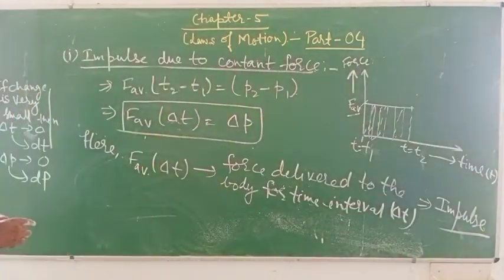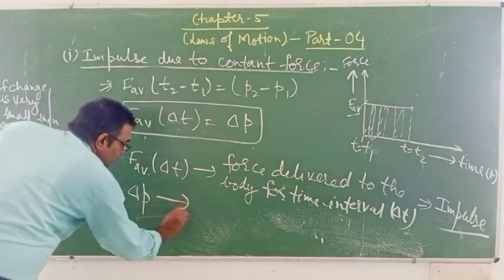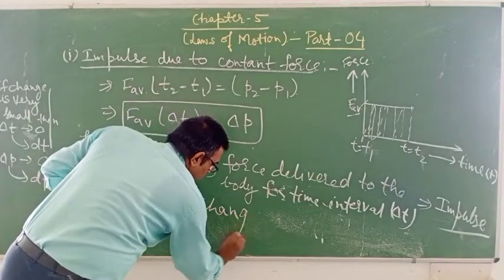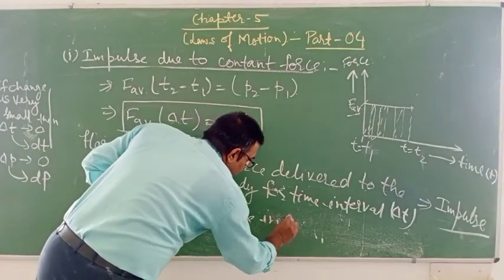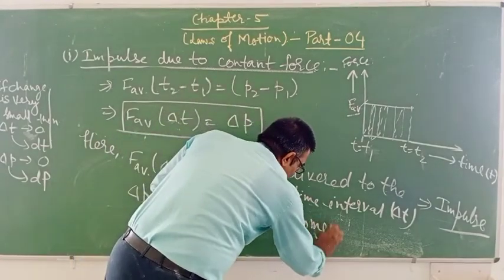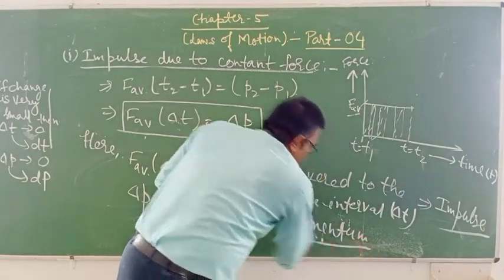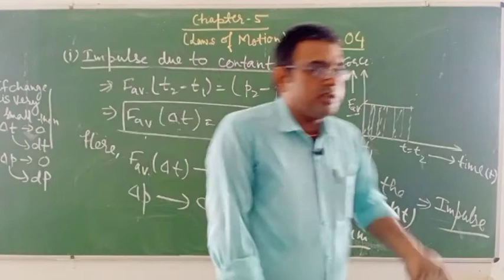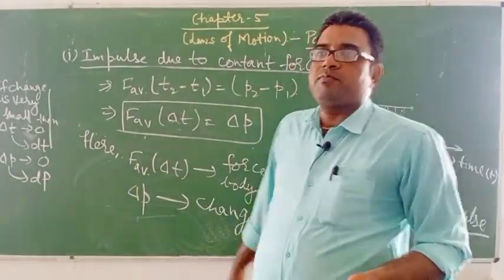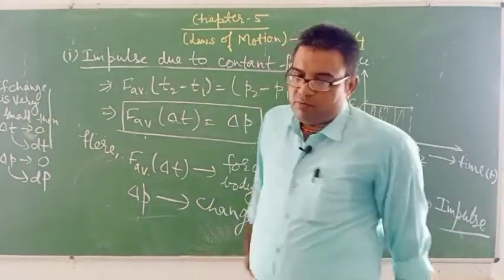And this impulse is equal to delta p. Delta p is what? Change in momentum. From here it is clear, students, that whatever force you supply to an object for a small or a given interval of time is equal to the change in momentum.